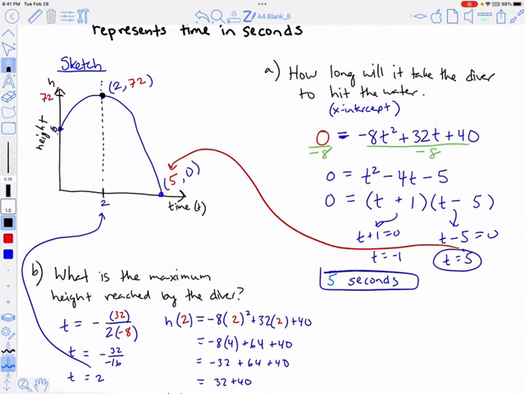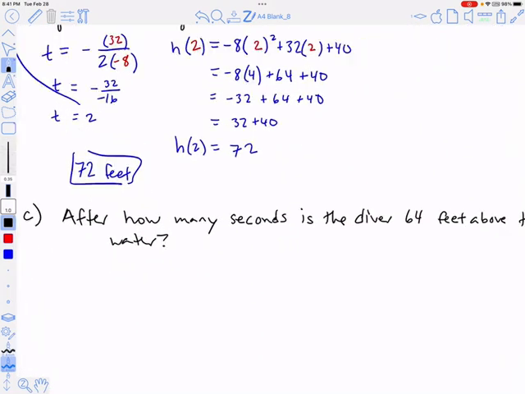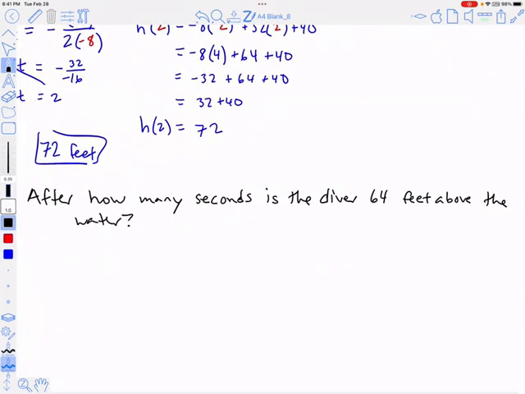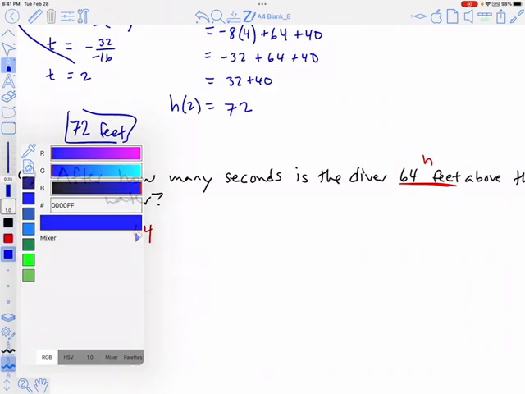But in this case, I don't want to know how high, I want to know how many seconds. And what I have is a height. So I have this right here, this is an h, a height. It's not like the maximum height, it's just a height. And so what we can do is plug in 64 in place of height. Similar to what we did in part A. It's just in part A we were looking for when height was 0.